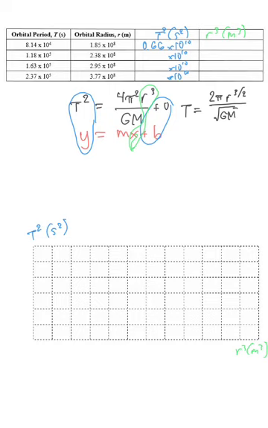And then when you're plotting this on the axis, instead of just writing T squared measured in units of seconds squared here, you can actually write the units as 10 to the 10 seconds squared. So then you only have to worry about the first part of the scientific notation right here.